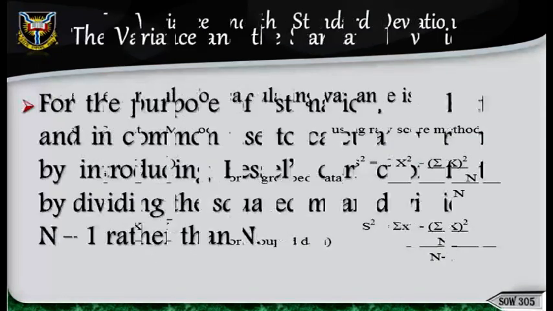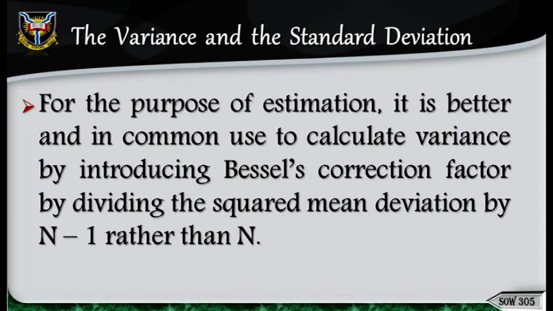S squared is equal to the sum of x squared minus (sum of x) squared all over n, all over n minus 1. For the purpose of estimation, it is better and in common use to calculate variance by introducing Bessel's correction factor, dividing the squared mean deviation by n minus 1 rather than n.